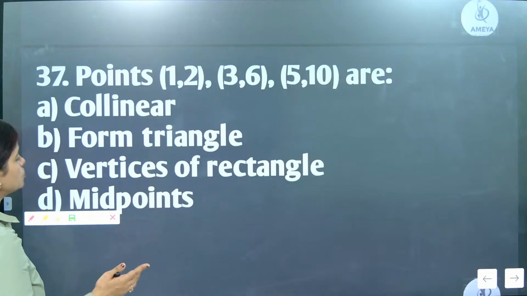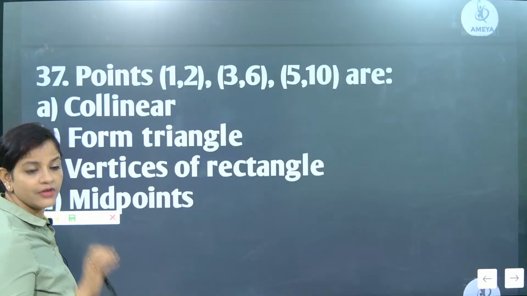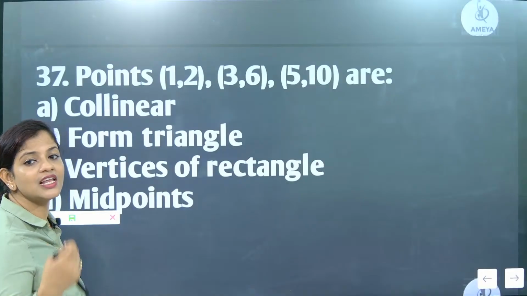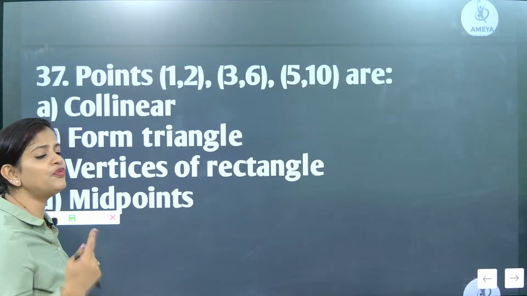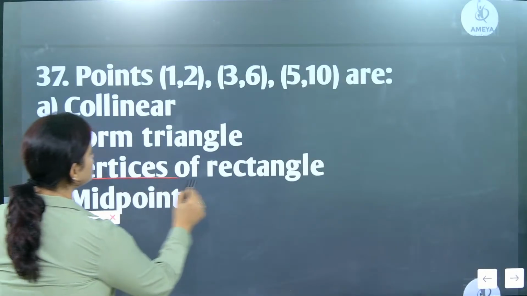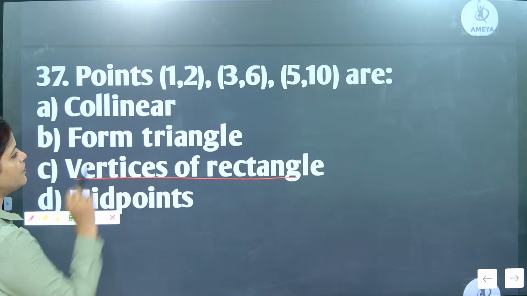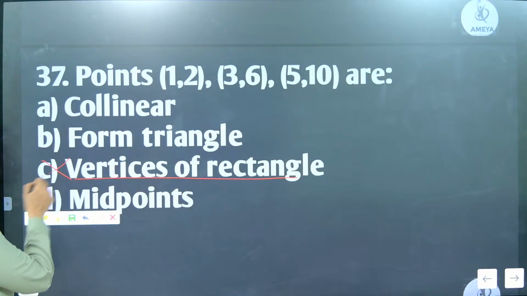If the area of the triangle is 0, the points are collinear. But if it is not 0, then it is a triangle. But 100% it is not going to be a rectangle, because 3 vertices are given, and 3 vertices cannot make a rectangle.